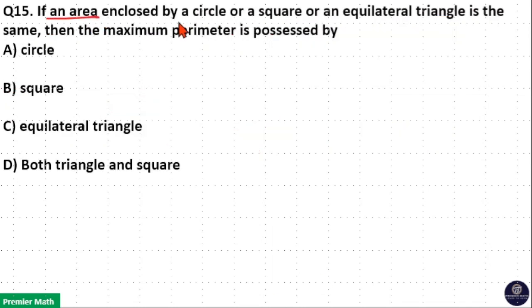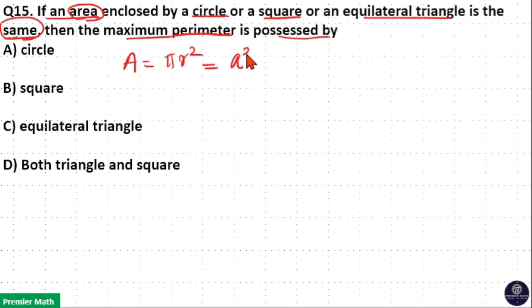If the area enclosed by a circle, a square or an equilateral triangle is the same, then the maximum perimeter is possessed by? Here the area enclosed by circle, square and equilateral triangle is the same, which means the area of the circle, pi r square, is equal to the area of the square. If the side of the square is a, then the area of the square is a square.